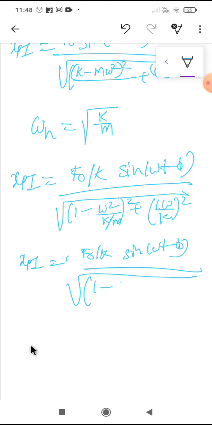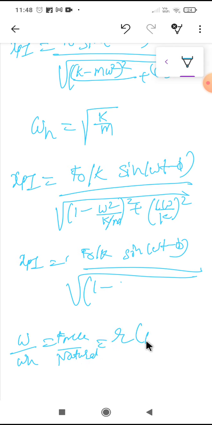The ratio of forcing frequency to the natural frequency we will call the frequency ratio r. So this ratio we will call r square, because both are squared, so this is 1 upon 1 minus r square whole square plus, now here it is c omega by k.